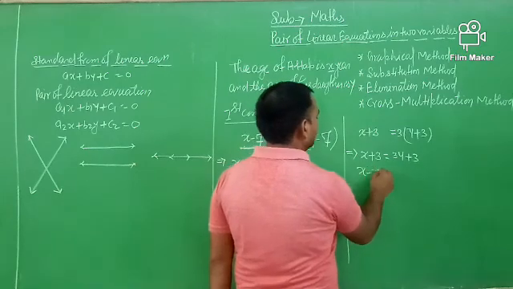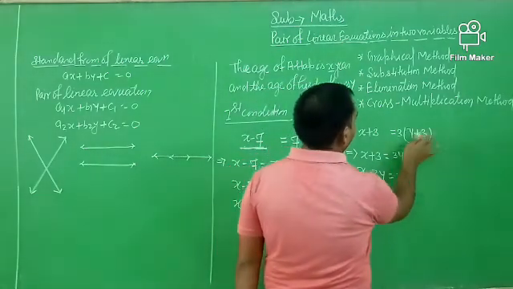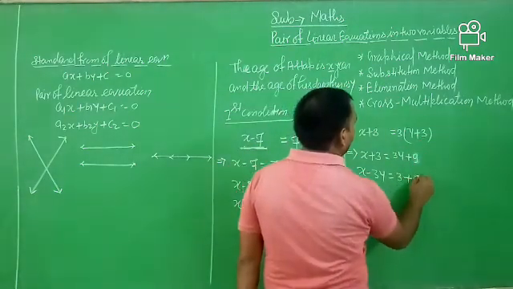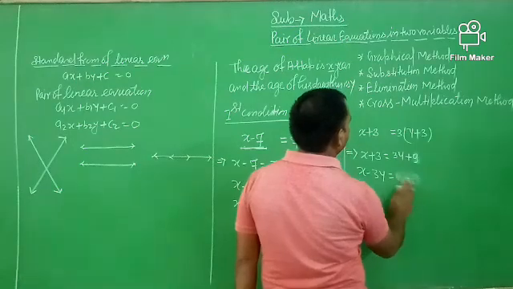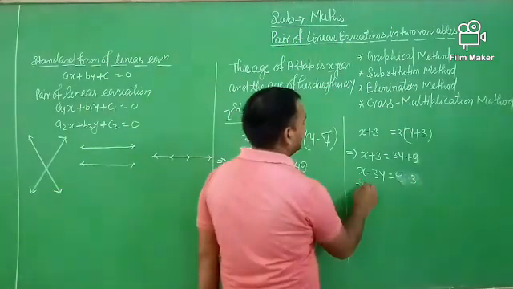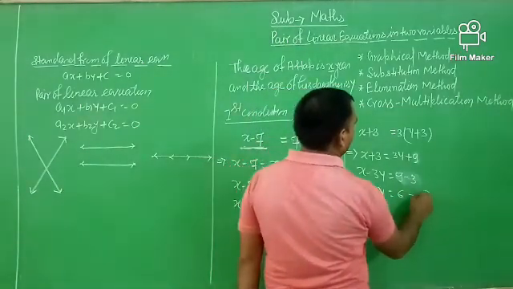Therefore x minus 3y is equal to 3 3s are 9, plus 9 and minus 3. Therefore x minus 3y is equal to 6. This is the equation number second.